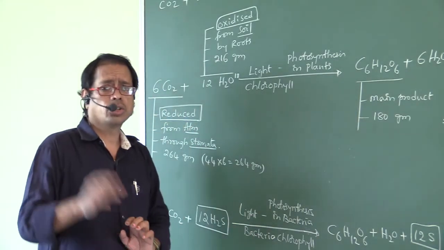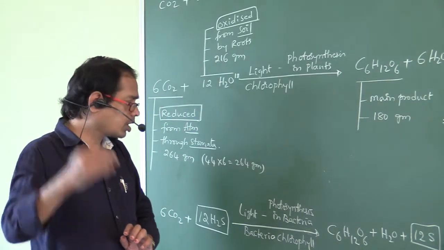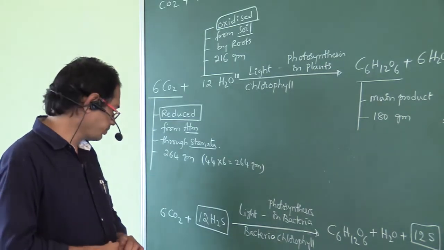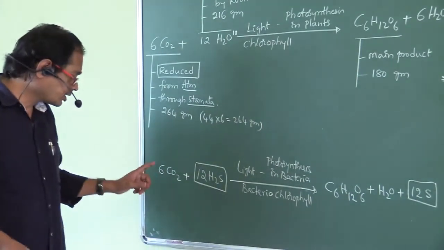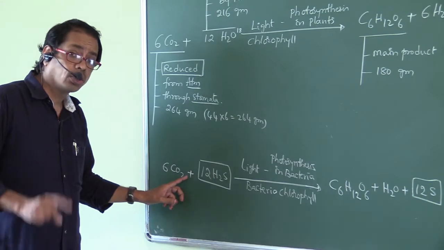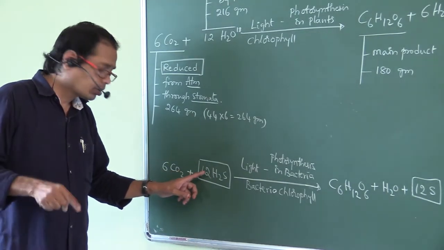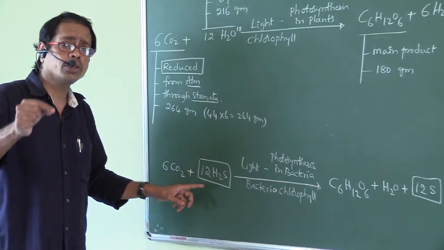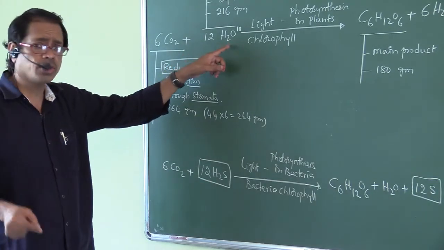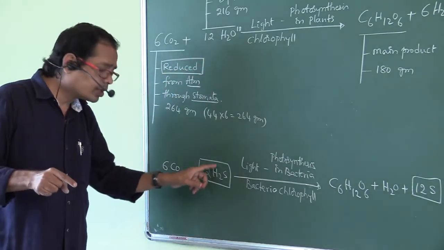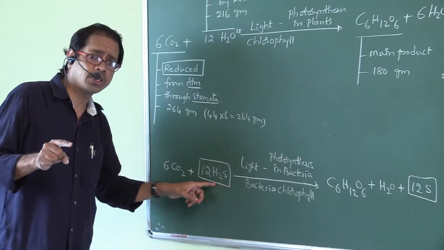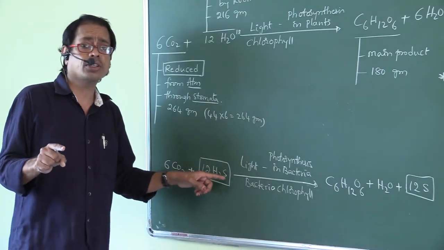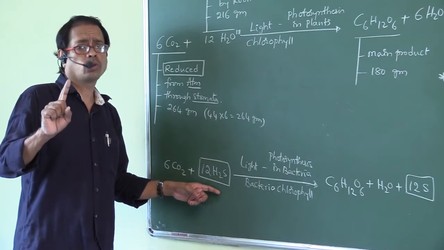Photosynthesis occurs not only in plants but also in bacteria. So that is 6 CO2 plus 12 H2S. Don't say 12 H2. What is the hydrogen donor in plant photosynthesis? Water. The hydrogen donor in bacterial photosynthesis is H2S, hydrogen sulfide. How many molecules? 12 H2S.